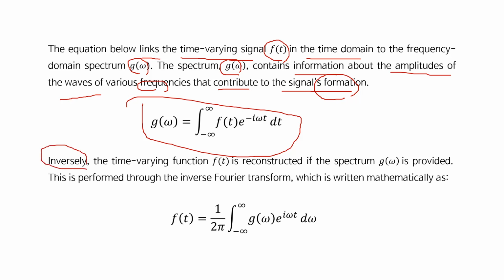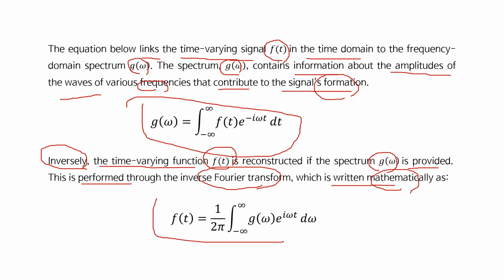Inversely, the time-varying function f(t) is reconstructed if the spectrum G(omega) is provided. This is performed through the inverse Fourier transform, which is written mathematically as this equation.